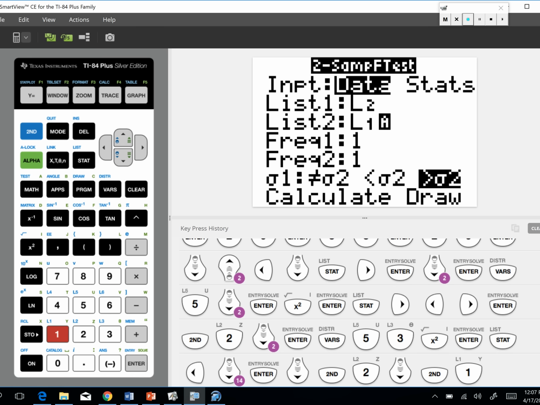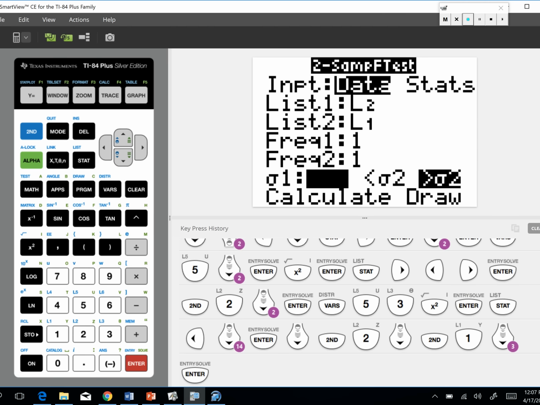And the only downfall is when you have to enter the data in your calculator and you don't know the sample standard deviation or variance already, you don't know which one it's going to come out to be. So you have to find each of those and figure out which list you want to put that in. For the first one, we had a two-tailed test. Calculate it.